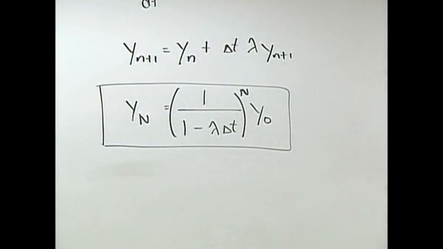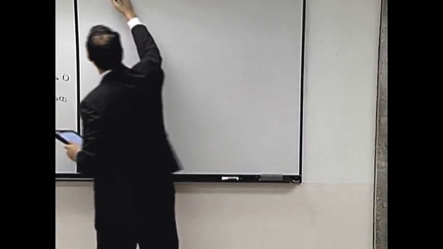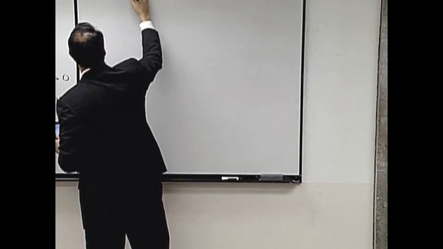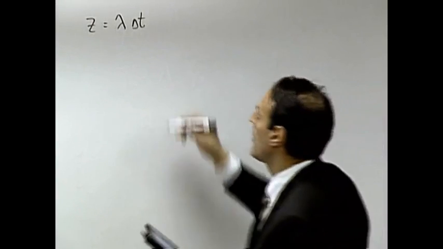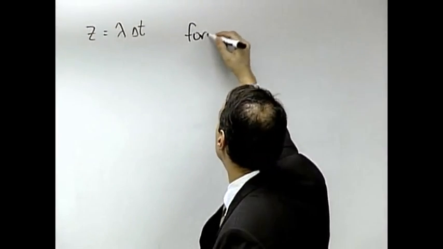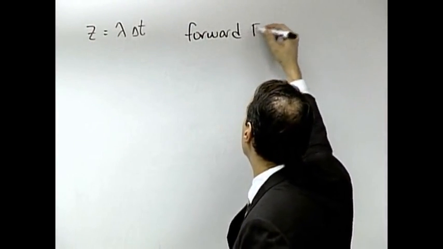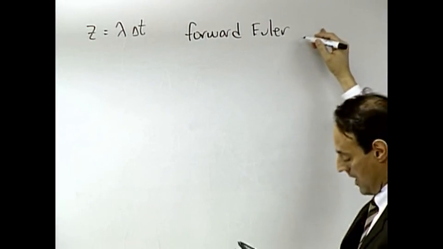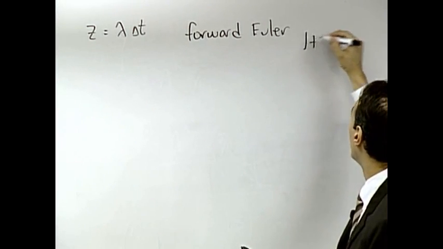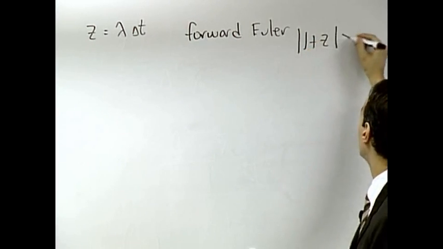I'm going to erase here. And what I'm going to do for both these schemes, I'm going to let z be some number, lambda delta t. That's what you see everywhere. And for forward Euler, right, what we have is this thing blows up if 1 plus z absolute value is greater than 1.